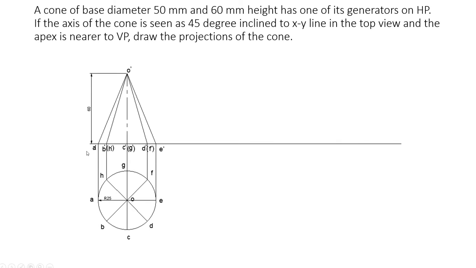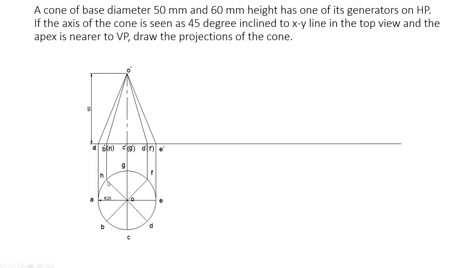Now project all these points to the baseline, the reference line, and name that point as A dash. This point will be B dash and H dash. So this is the front view of this cone. In the front view, if we consider B and H, these are collinear points.